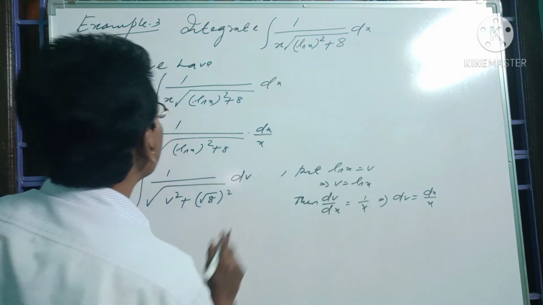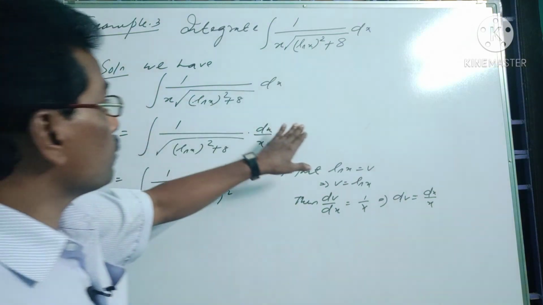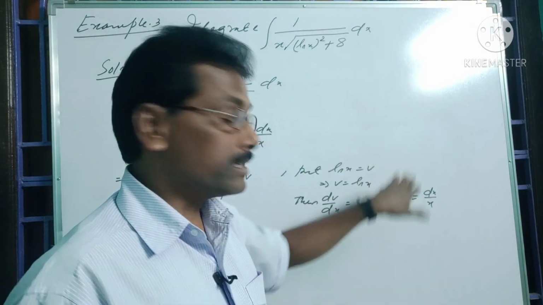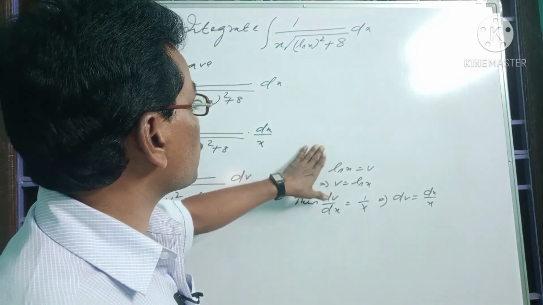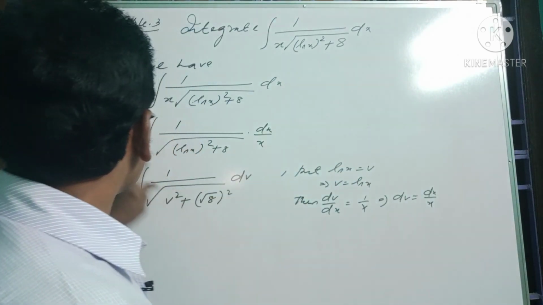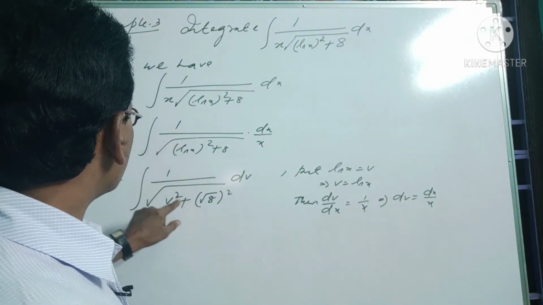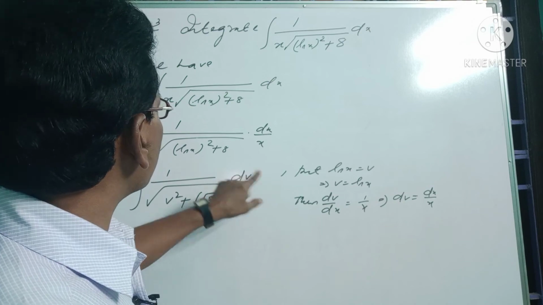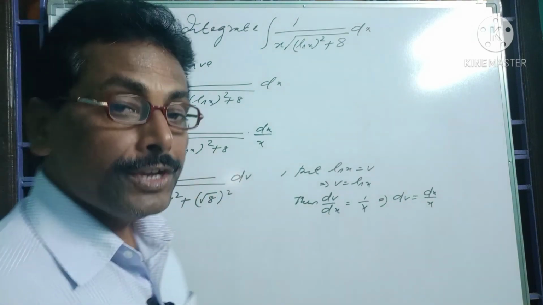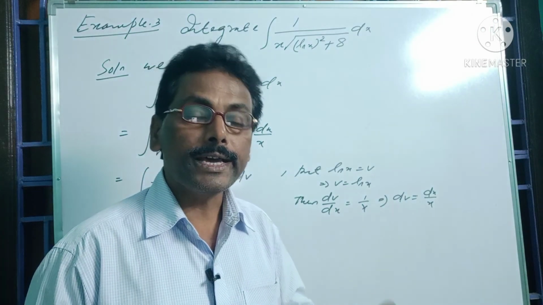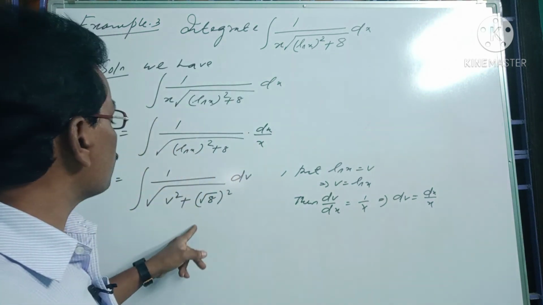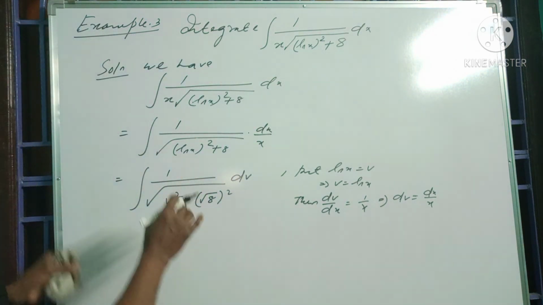Now see, the original integrand was not in the standard form for integration. After careful substitution and differentiation, we reach the integration of 1 by root of v square plus root 8 square with respect to v, which is in the form of the integration of 1 by root of x square plus a square with respect to x. So it can be easily integrated.